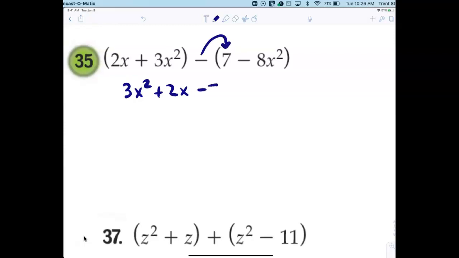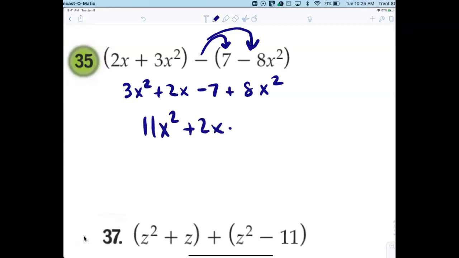Negative 7. And then this becomes what? Positive 8x squared. Combining terms. Go. 11x squared plus 2x. It's just that easy. All there is to it.